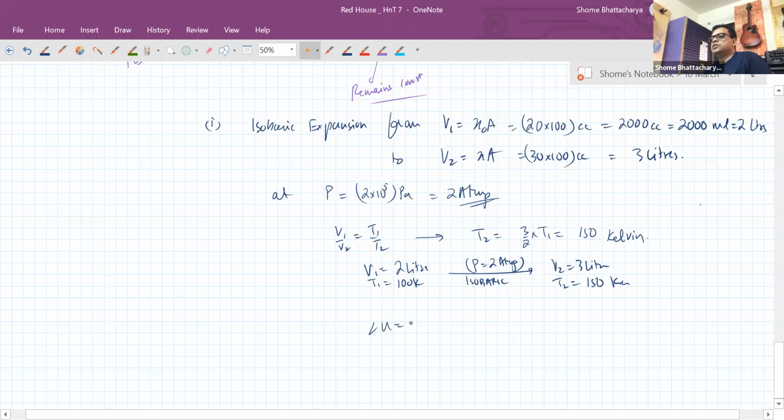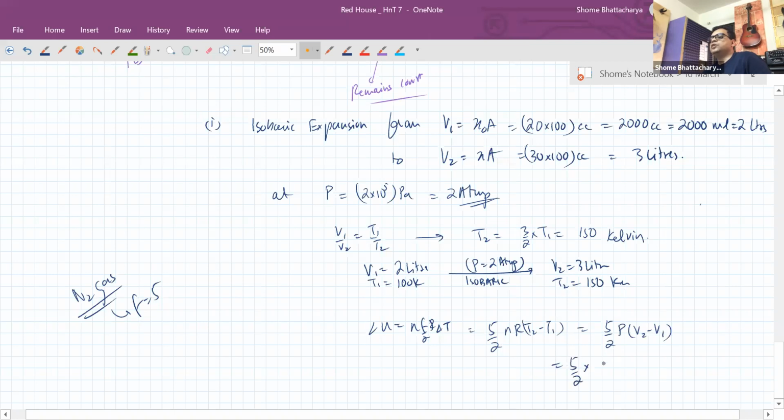Delta U is of course n f by 2 R delta T. So that is now nitrogen gas, so degrees of freedom will be 5. So that is 5 by 2 nR (T2 minus T1). So we can write that as 5 by 2 into P into (V2 minus V1).